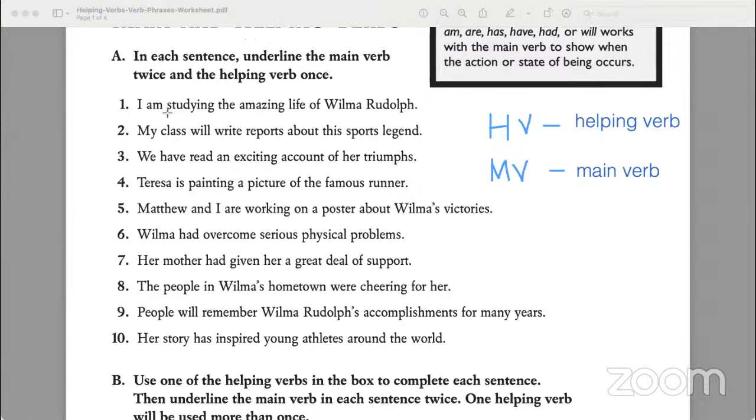Studying is the main verb. Is there any helping verb in this sentence?